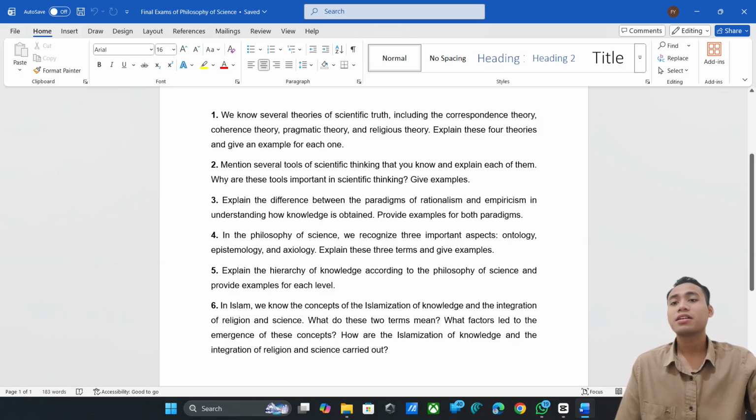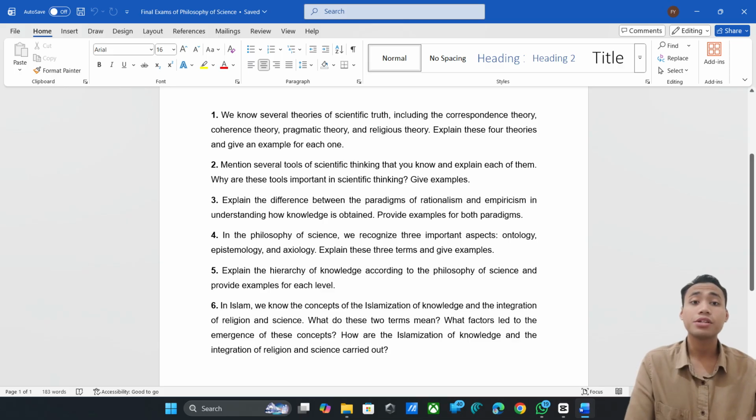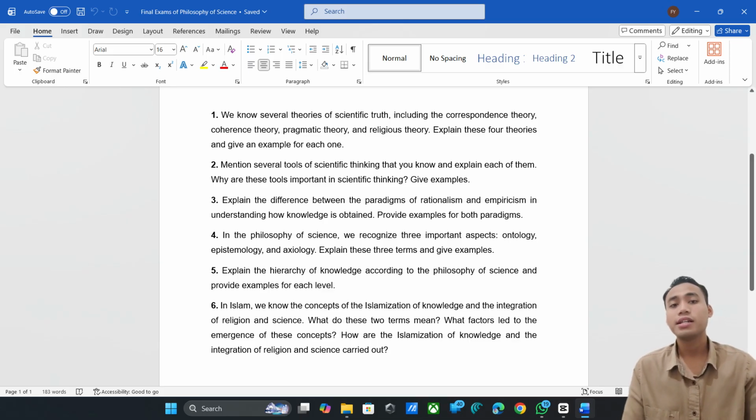Explain the hierarchy of knowledge according to the philosophy of science and provide an example for each level. Knowledge can be grouped into several levels. Empirical science like physics and sociology are based on observations. Rational science like logic and mathematics are based on reasoning.